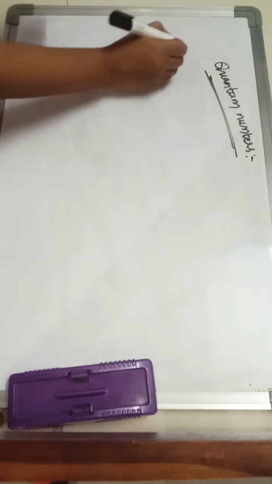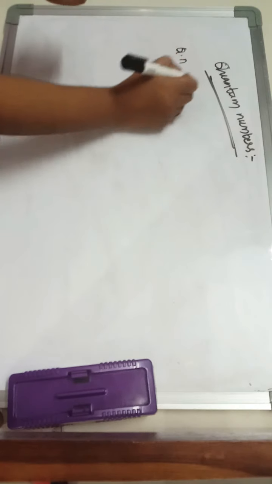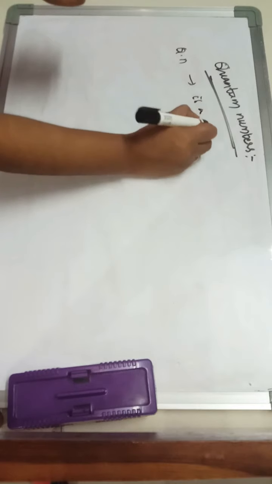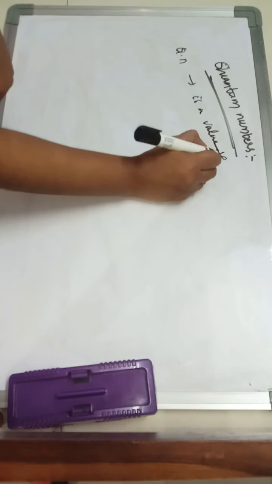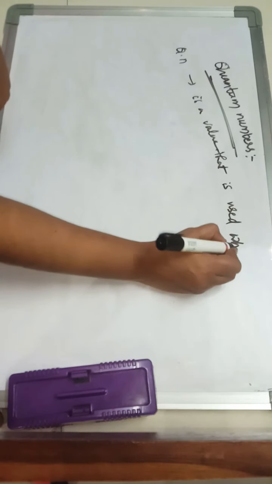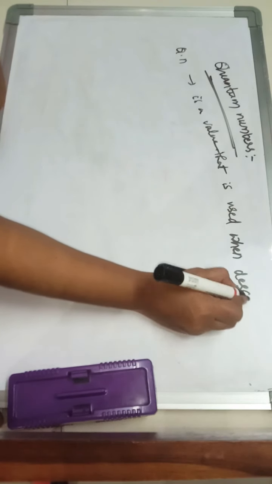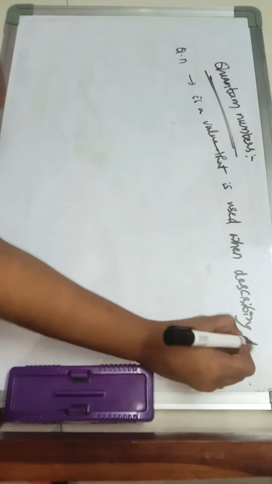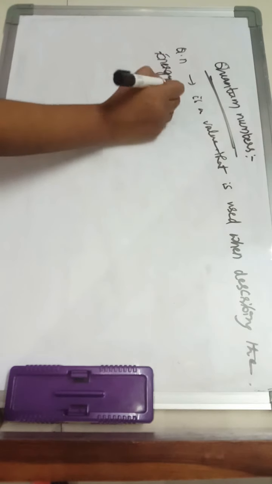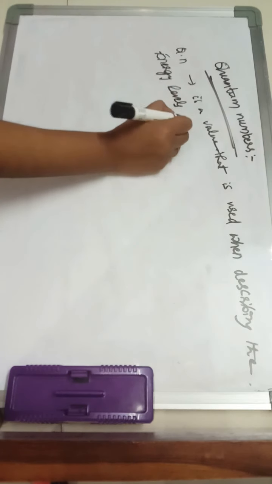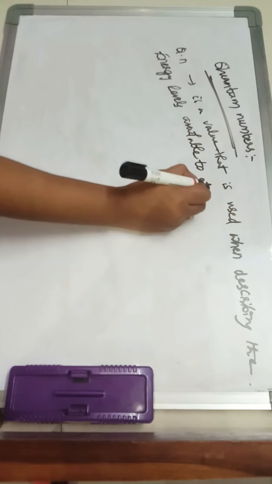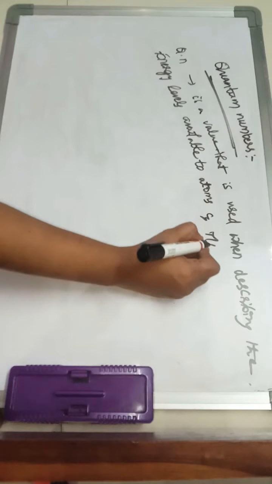A quantum number is a value that is used when describing the energy levels available to atoms and molecules.